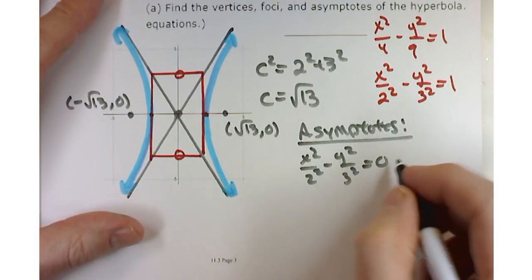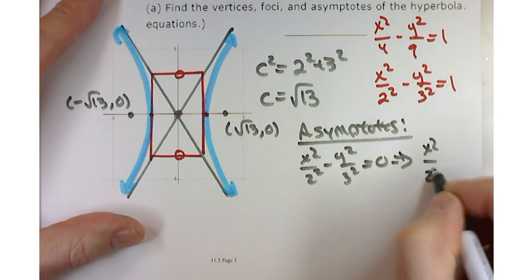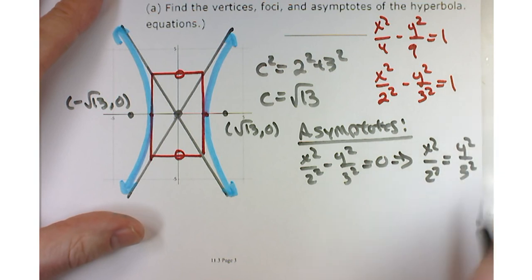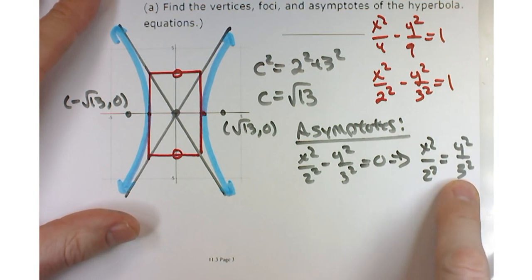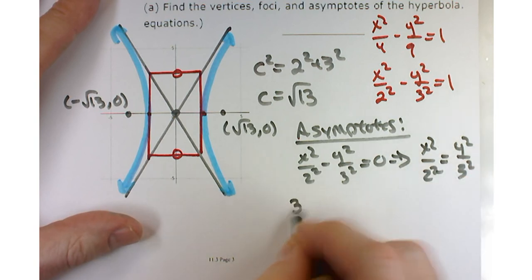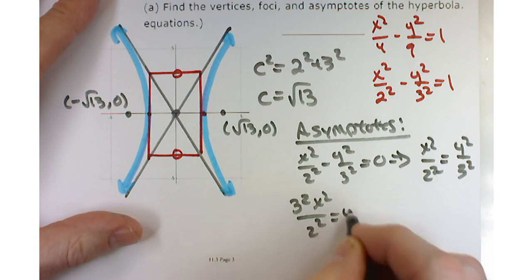If I move that to the other side, then I get x squared over 2 squared equals y squared over 3 squared. Multiply both sides of this equation by 3 squared, I'll get 3 squared x squared over 2 squared equals y squared.